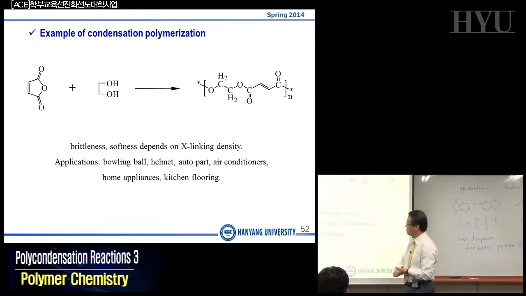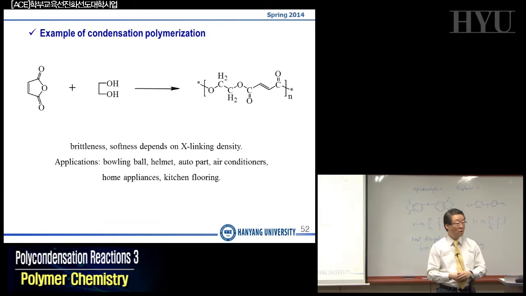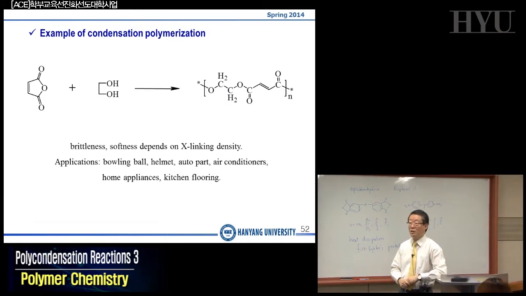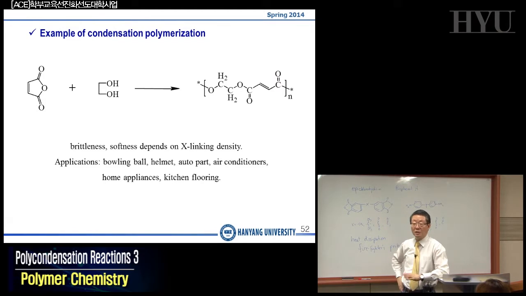Home appliances and kitchen floorings and so on, and you can make a lot of those applications by using this polyester containing unsaturated groups.